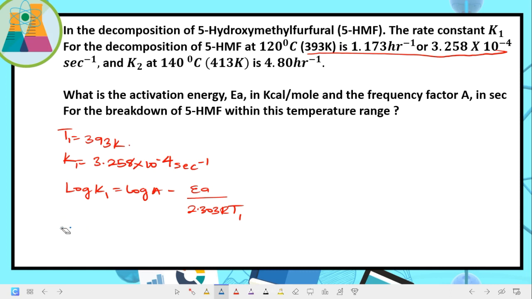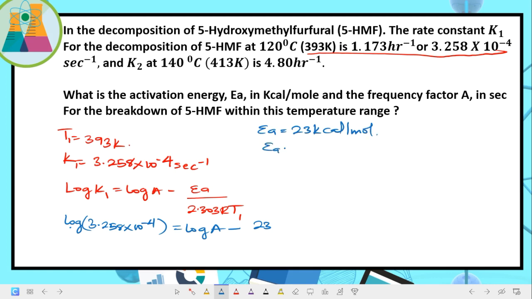This gives us log K1, which is log of 3.258 times 10 raised to the power of -4 in brackets, is equal to log A, which is what we are looking for, minus EA. EA is the activation energy, which we calculated as 23 kilocalories per mole, which we can break down to 23,000 calories per mole.